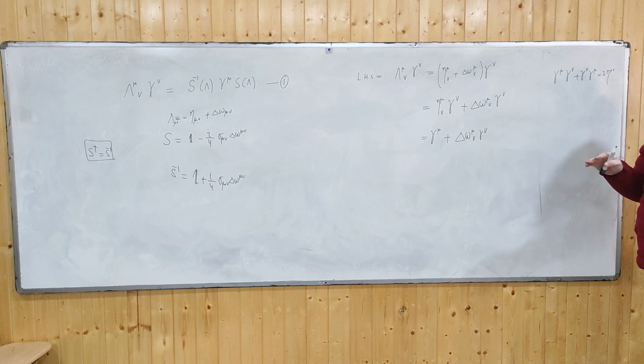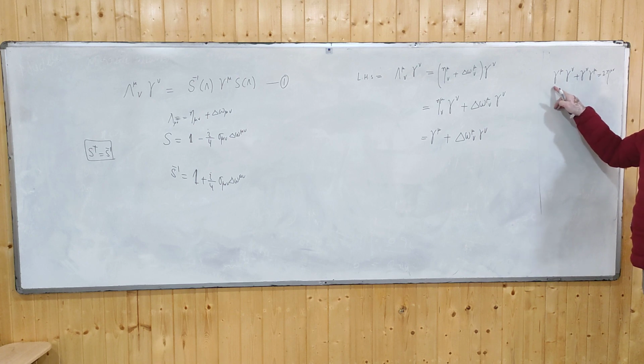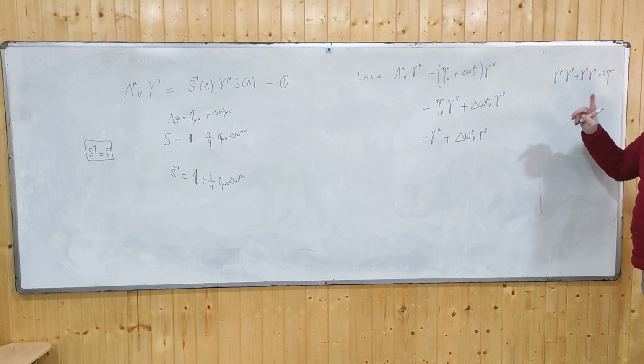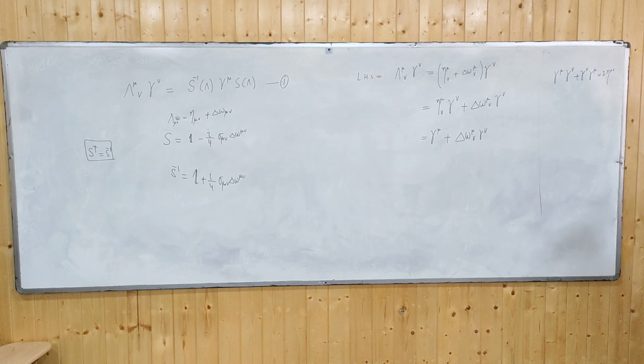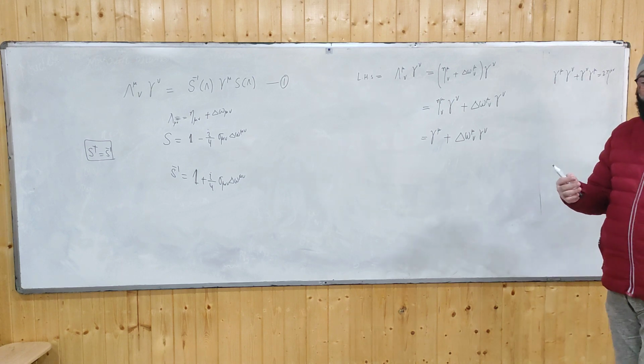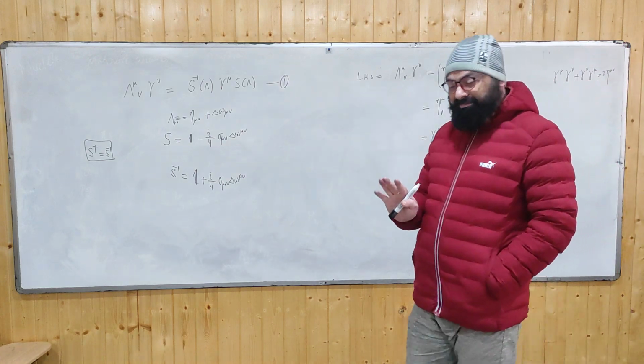These are actually space-time indices. The indices are defined in space-time. But this gamma matrix itself is not defined in space-time. It's a matrix defined in what we call the spinor space, the space defined by the Hilbert space of the particle. Let's say you have an electron with spin.